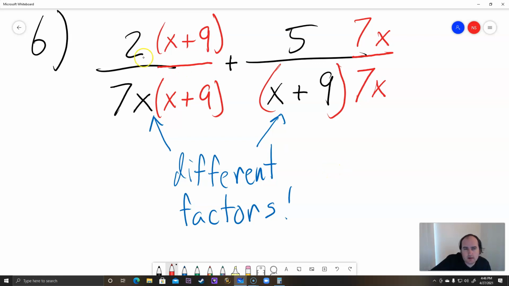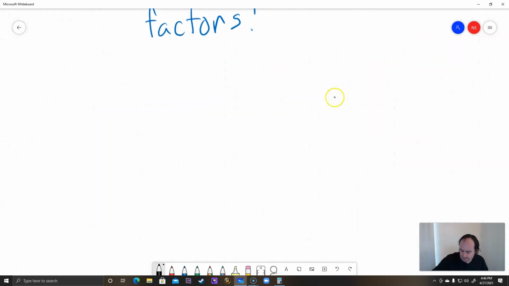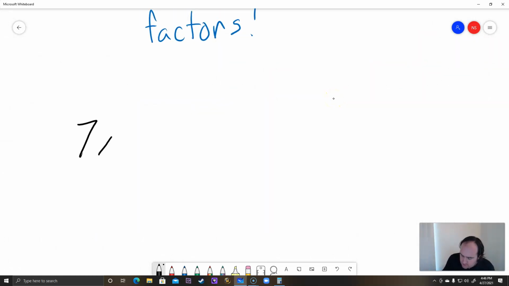Okay, so we now have a common denominator of 7x times x plus 9. I mean, I wrote them in a different order, but remember when you're multiplying, the order does not matter. Okay, so now we can combine these. Since we're adding, we're going to write these both over the same denominator of 7x times x plus 9.